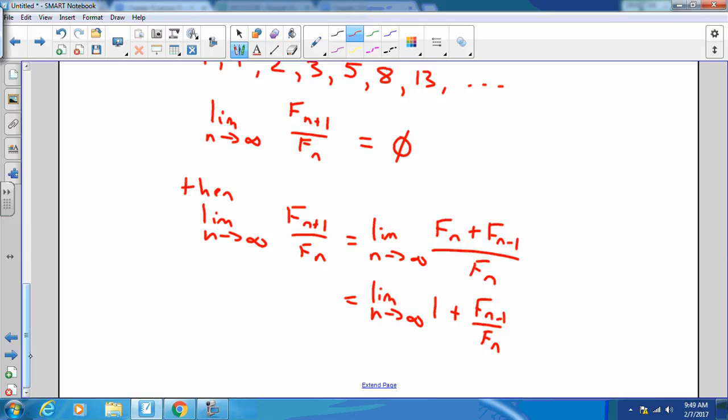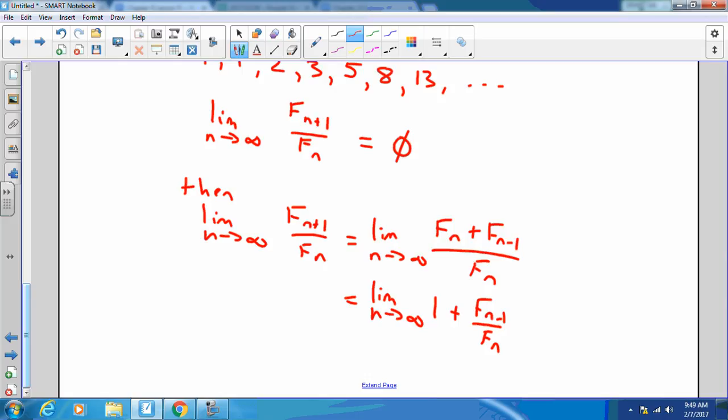And now we come to a remarkable thing. Notice that this ratio, the ratio of the next term to the previous term, is mirrored right here. This is the ratio of the previous term to the next term.